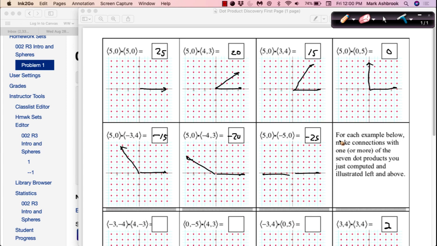So what was one specific conclusion that you came up with when you compared the numbers? Heather. When they're perpendicular, it seems to be 0. So in all the examples, when they were perpendicular, it was 0. Okay, good. What was another? We're going to make all these little observations and then try to put them together to come up with one meaning for the dot product that fits all of them. Nick, you got another one?